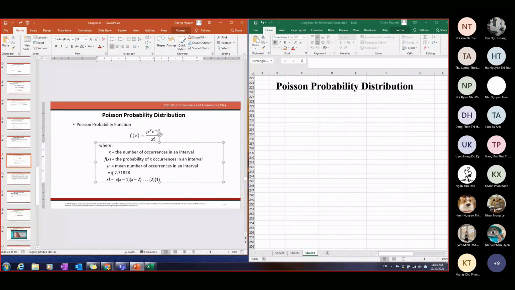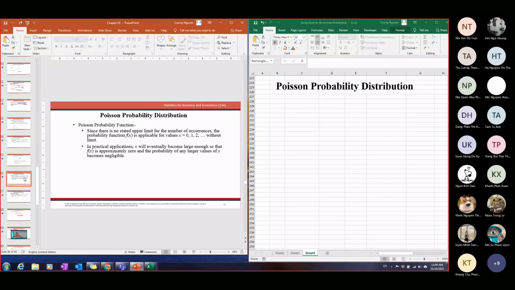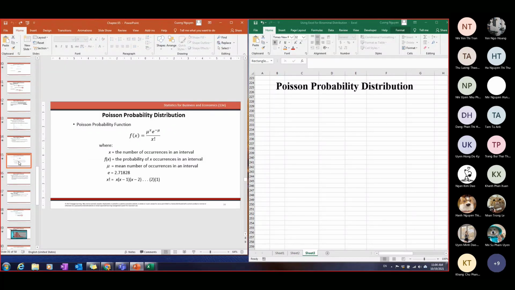Okay, that e could be the exponential number 2.71 if you have learned it in grade 12. And this will be the factorial. That equals the multiplication of all numbers from x down to 1. Okay, so you can use this one, but at the same time you can just use it for 2, whatever.